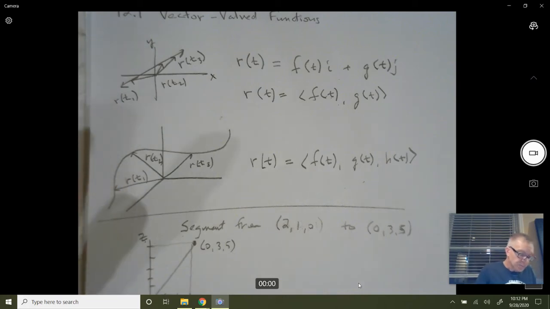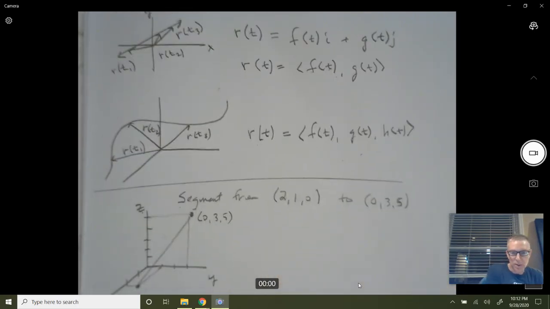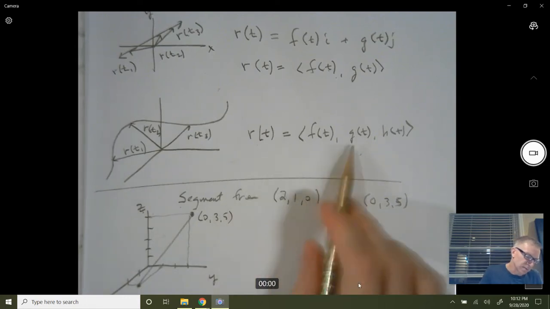Okay, so when we have a vector equation of a line, we could write this thing in parametric equations. We could write it in symmetric equations. But then there's a third way we can write it. We can write it as a vector equation, something that looks like this.